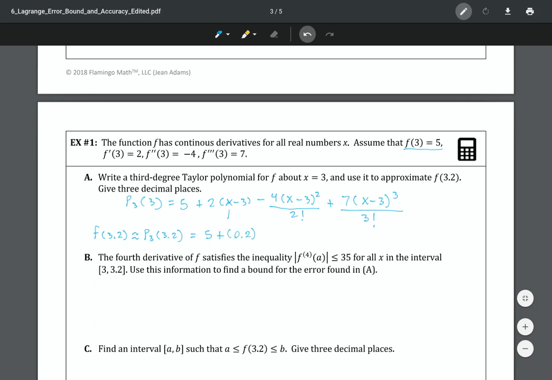If I plug in 3.2, then 3.2 minus 3 is 0.2. Then 0.2 squared over 2 factorial. I'm going to simplify from now on; I'm just trying to show you what I'm doing here. Essentially, just plug the 0.2 into the polynomial that I wrote above, and then go from there.